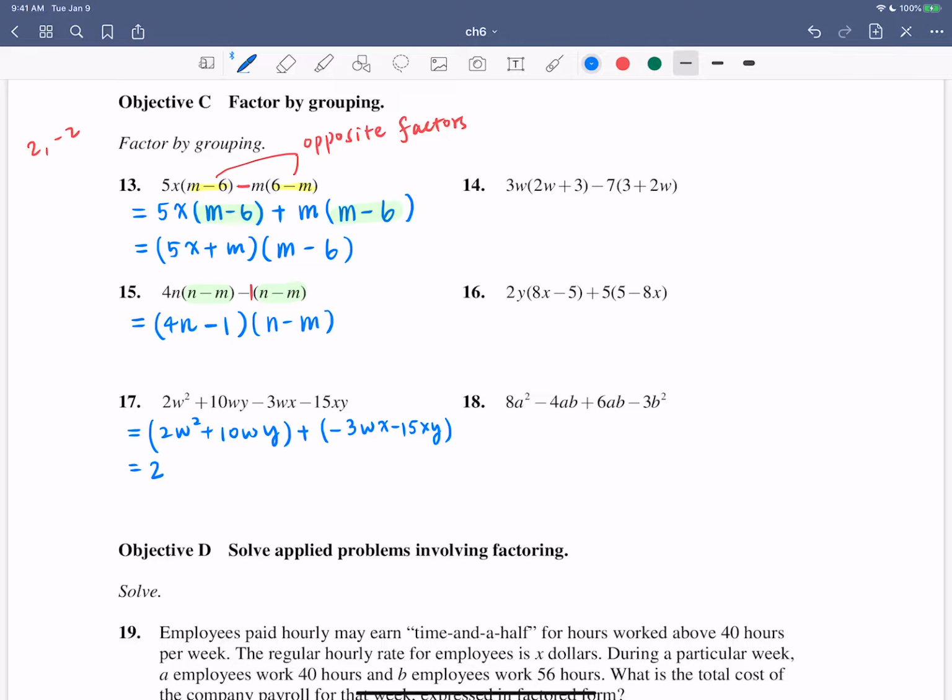And then w squared and w, the GCF is w. There's no y in the first term, so that completes our GCF. And you're going to write down what's left. The first term, 2w squared divided by 2w, you will have a w left. Second term, 10wy, if you divide it by 2w, it's going to give you positive 5y.